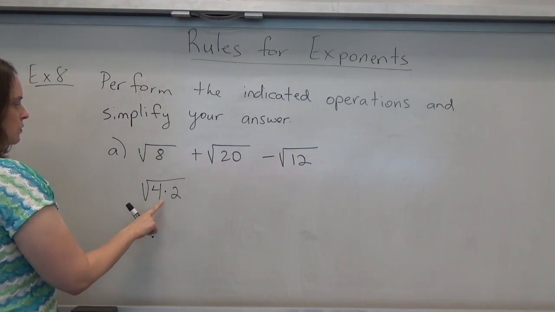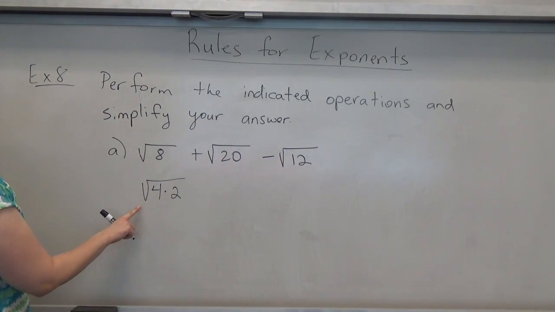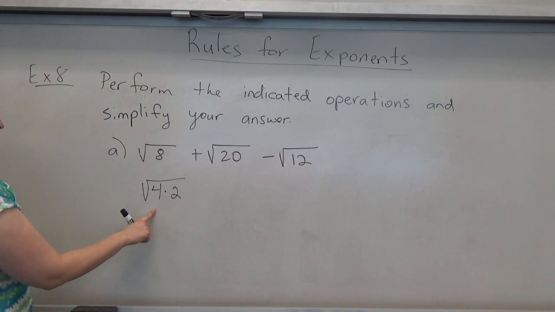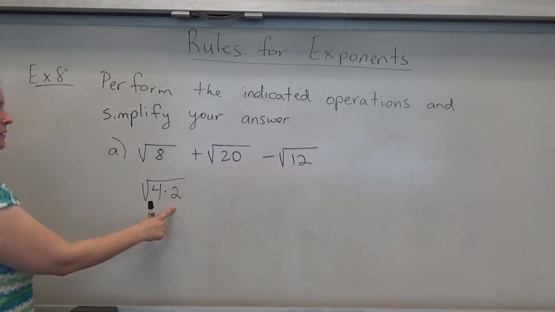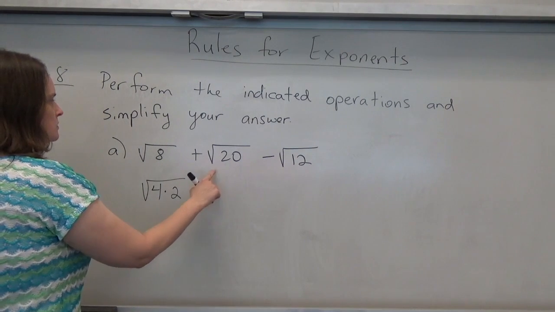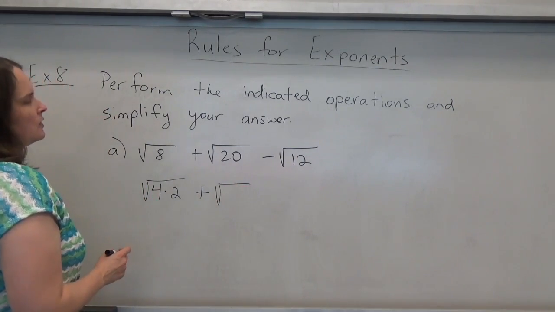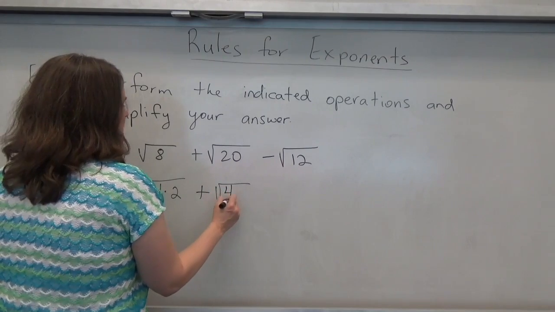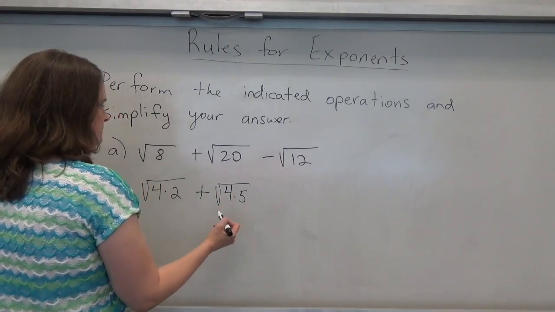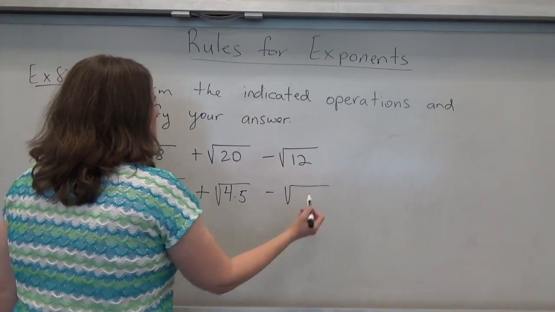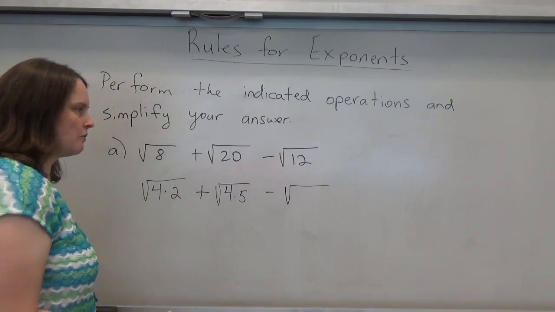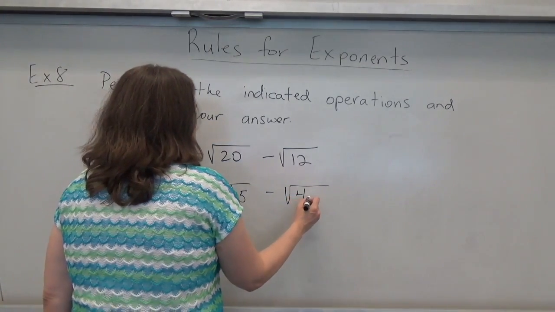In the next step, we can break this apart by simply taking the square root of 4, and then we'll have the 2 left inside the square root. The square root of 20 can be written as the square root of, again, 4 times 5. And then the square root of 12 also has a factor of 4, so it can be written as 4 times 3.